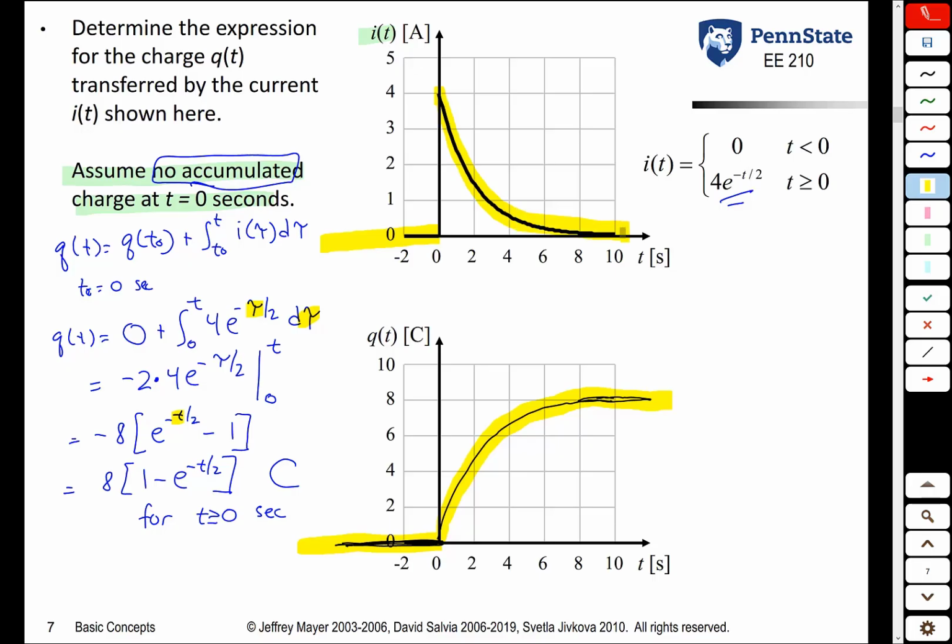So once again, by looking at the charge plot and thinking about its slope, we cannot necessarily prove that our answer is correct, but we sort of verified that our answer is probably correct because the current and charge have this differential relationship.